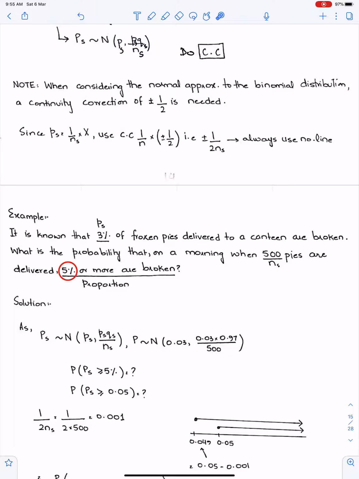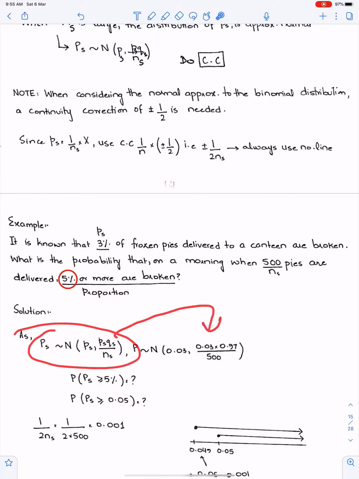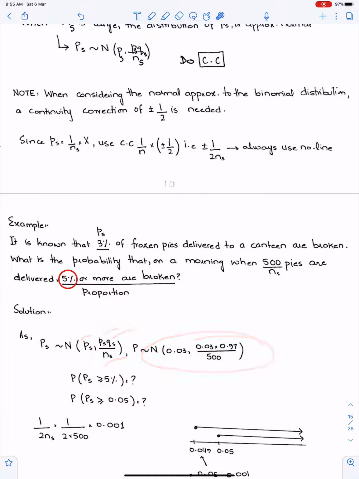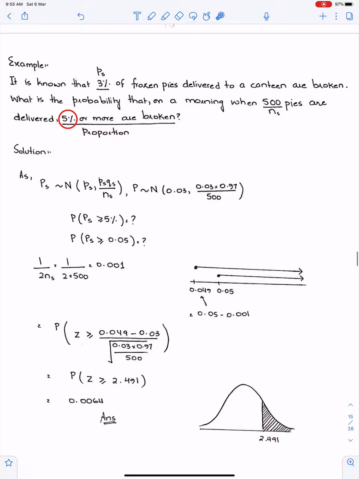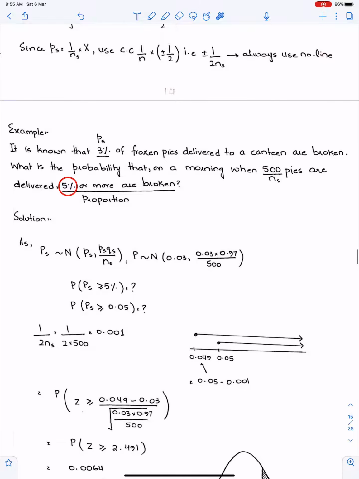Well, number one, write this information. This is the distribution of PS. First write this, then substitute the values of PS, QS and NS. And for continuity correction, always use a number line. Use number line to do the continuity correction. This is the best way of doing the continuity correction. So we need this probability, 5% or more. We can write 5% as 0.05.